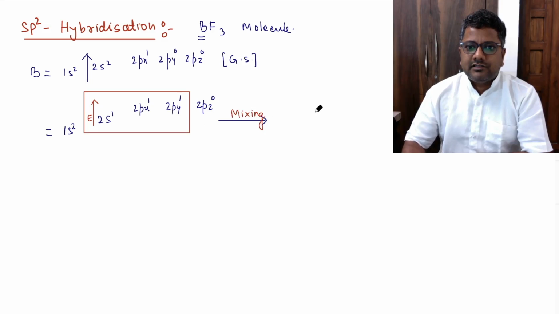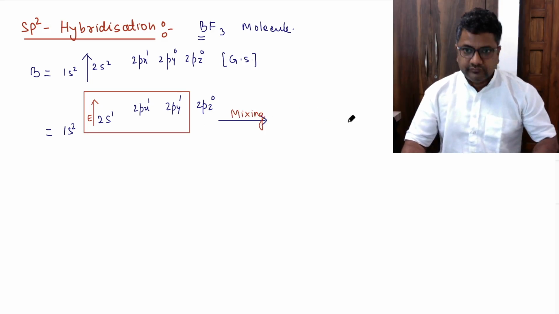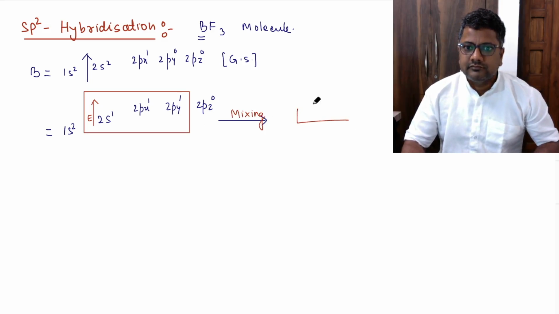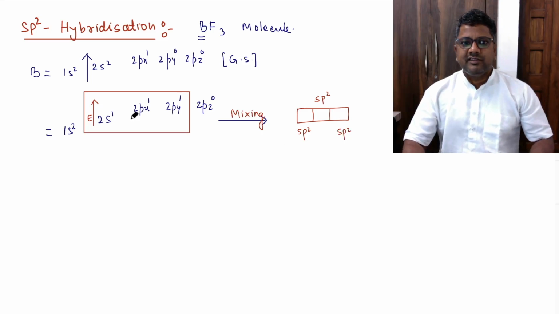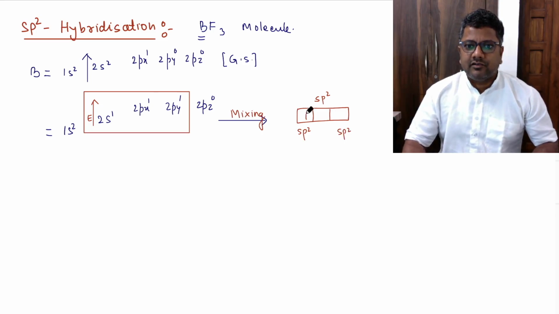Now you get three sp2 hybrid orbitals, each having one electron.